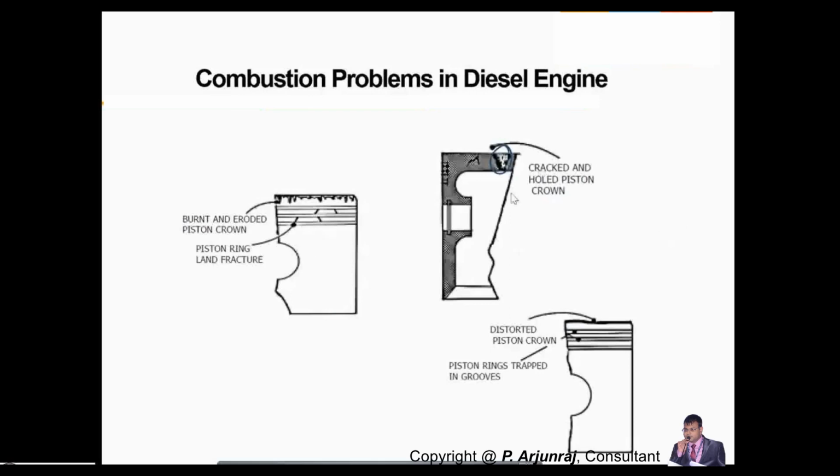Even if you are not analyzing all these phenomena, there is a possibility this type of problem can occur in the case of a diesel engine. And even you get a hole in the piston crown. And even the piston ring can jam into the grooves. The piston ring will not come out. Even that type of problem you may experience.